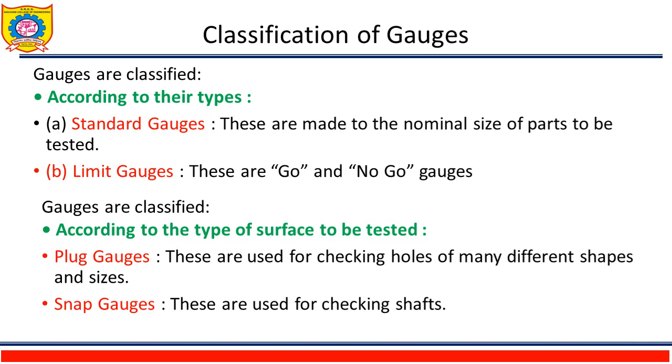There is another type of classification of gauges. Gauges are classified according to the type of surface to be tested. So there are two types, plug gauges and snap gauges. Plug gauges are used to check the holes of many different shapes and sizes, whereas snap gauges are used to check the shaft sizes.